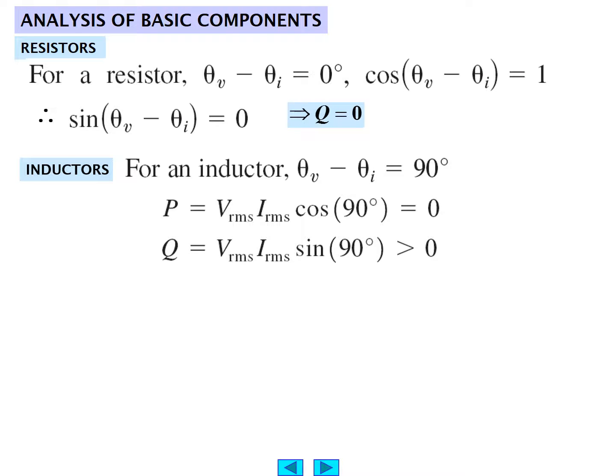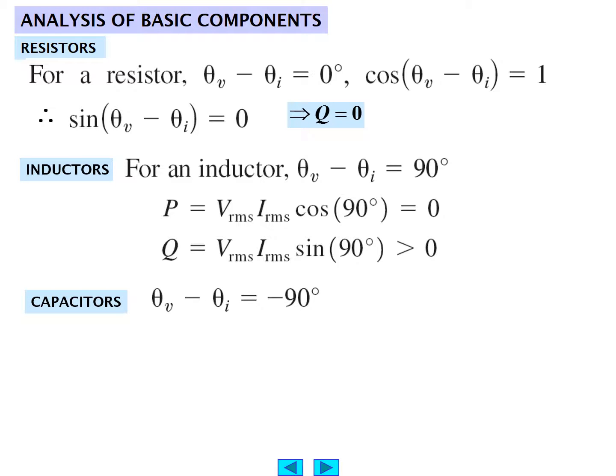Therefore, there is an active power component, VRMS times IRMS times cosine 90, but of course cosine 90 means that the active power is 0, and the reactive power Q would be VRMS times IRMS times sine of 90, which is going to be greater than 0, obviously, because sine of 90 is 1.